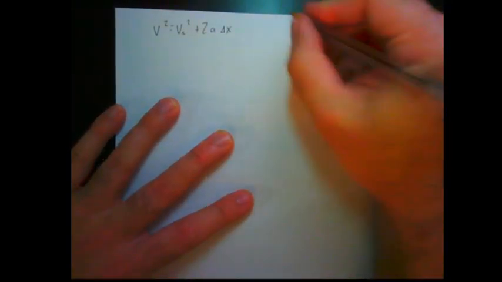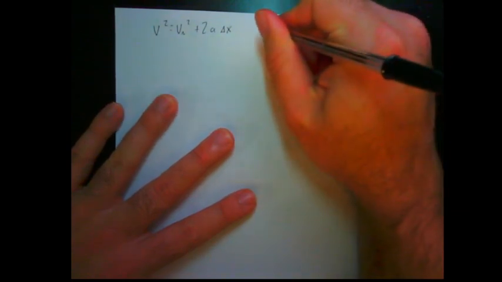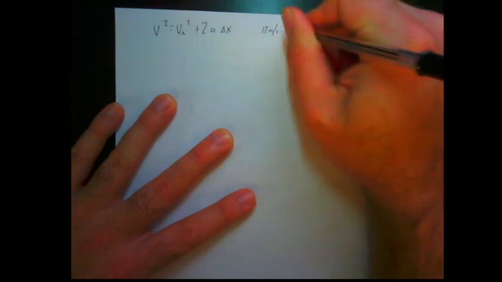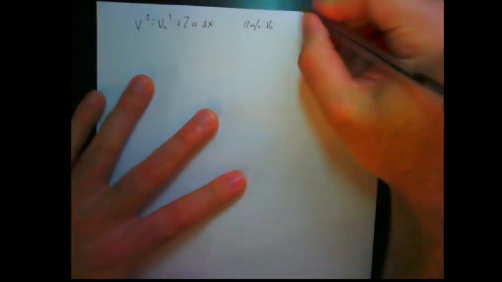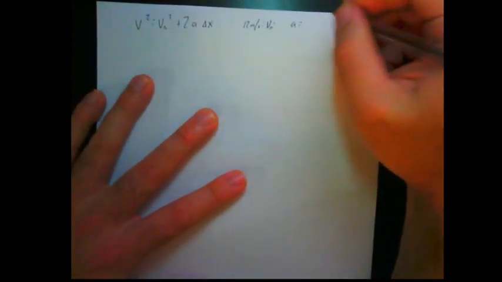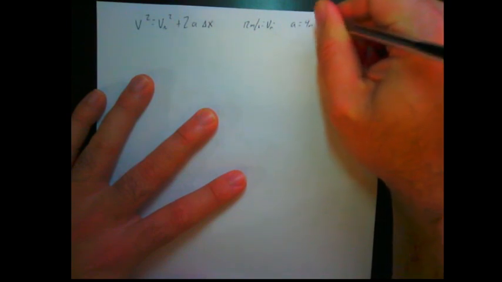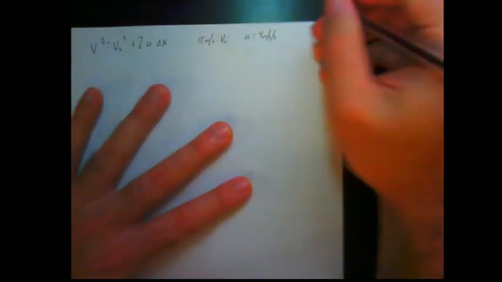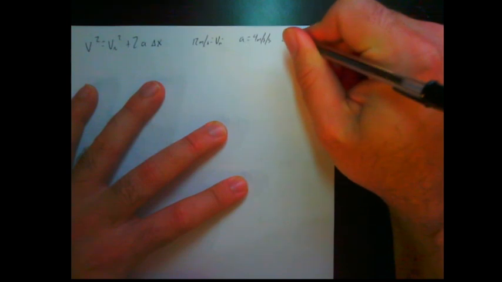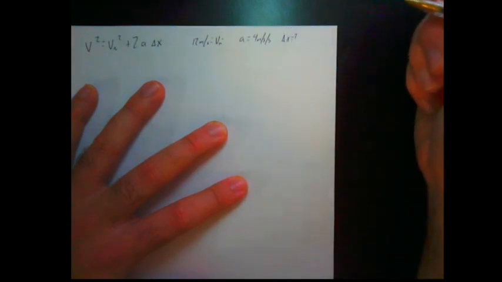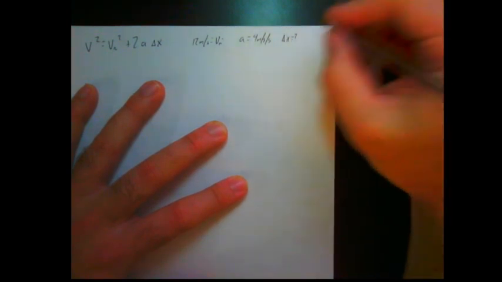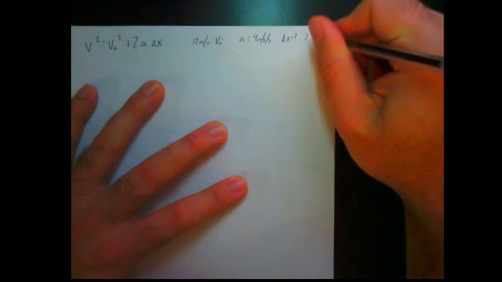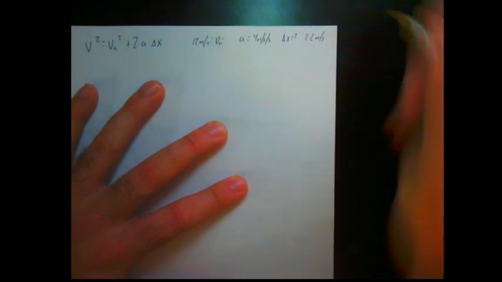Suppose we are driving at, let's say, 12 meters per second as our initial velocity. And we're going to accelerate at a much more reasonable 4 meters per second squared. And we want to know how far we have to go in order to speed up to 22 meters per second.